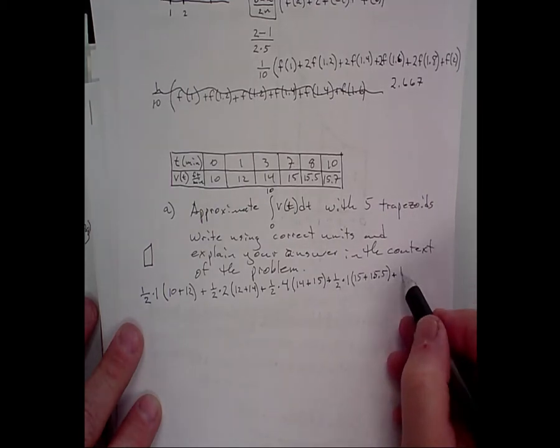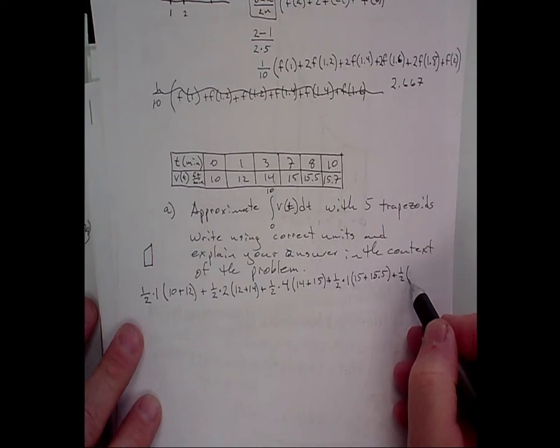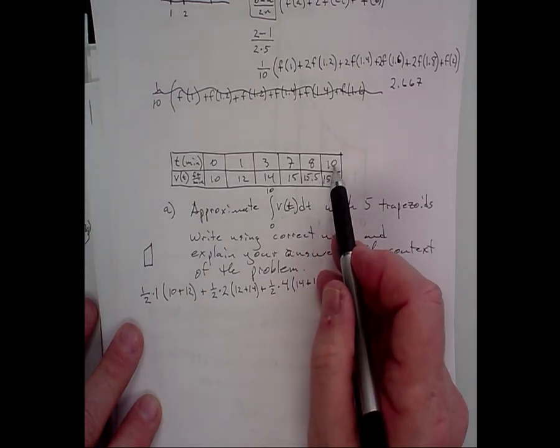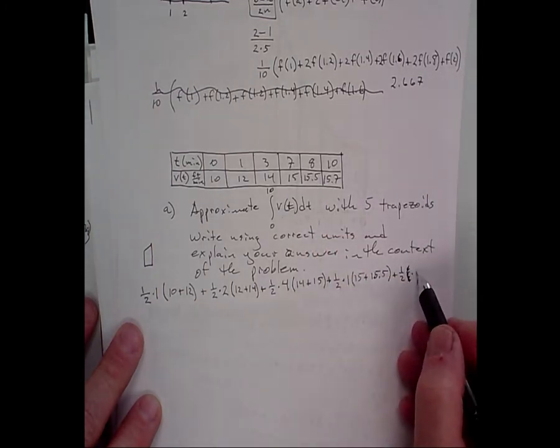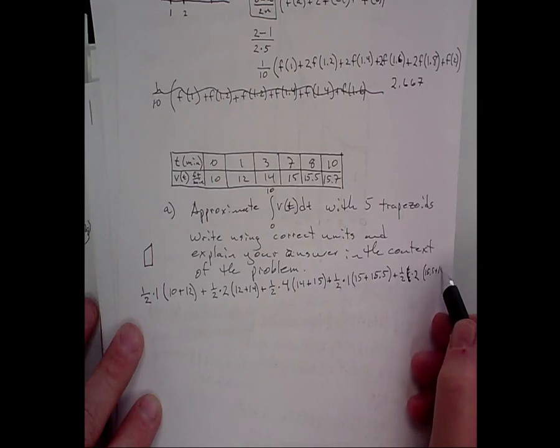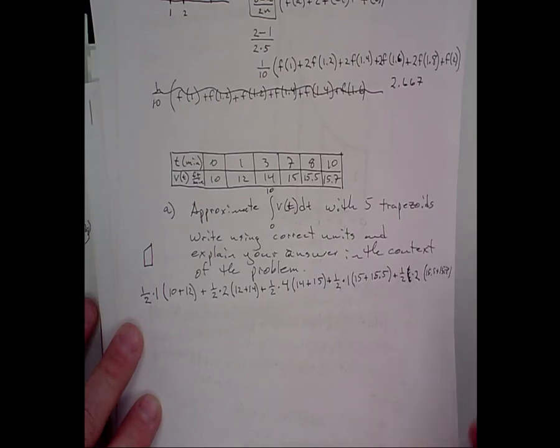Plus 1/2 times, here's my A, here's my B. So what's that going to be? Times what? 2. Does everybody see where I get 2? And I have 15.5 plus 15.7. Now realize, you're doing this by hand.